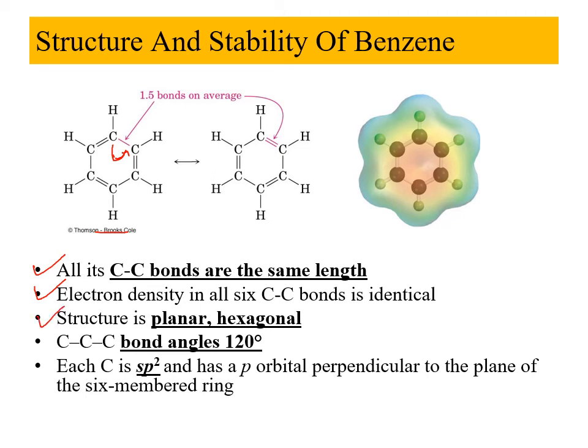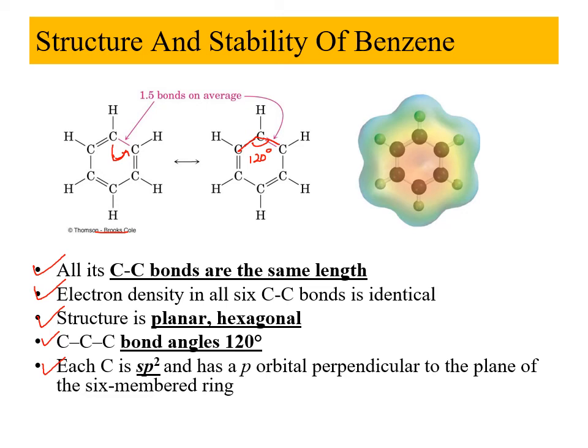It is planar with a hexagonal shape, and the C-C-C bond angle is 120 degrees. Each carbon is sp2 and has a p orbital perpendicular to the plane of the 6-membered ring.